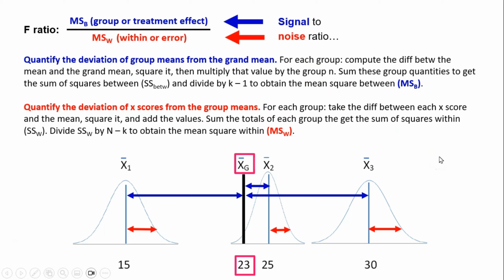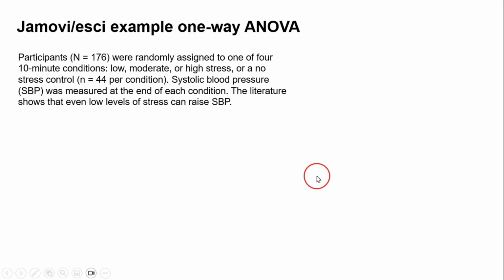So let's take a look at an example with some actual numbers that I did in Jamovi. So here's an example of a one-way ANOVA in Jamovi. So I just kind of came up with a scenario and put some data in there and then conducted a one-way ANOVA.